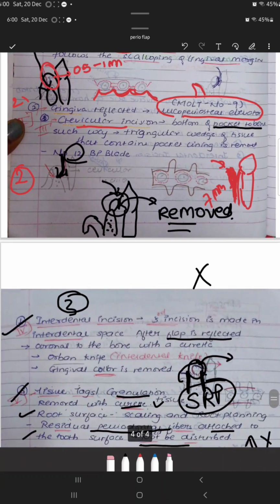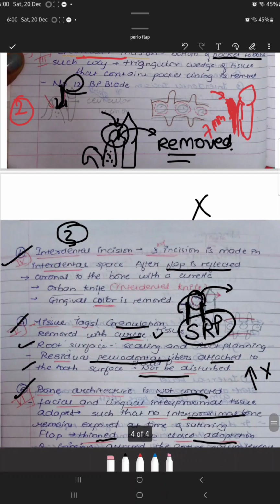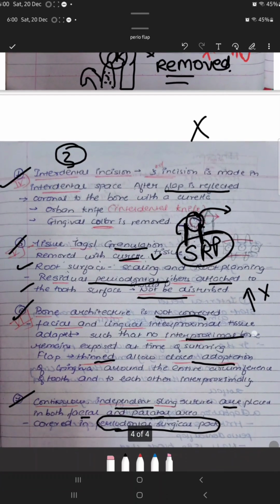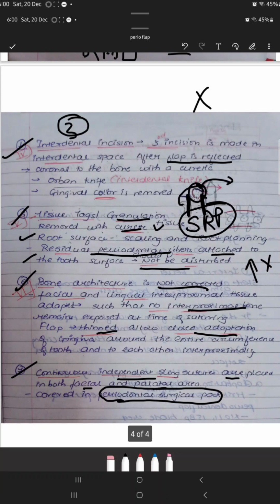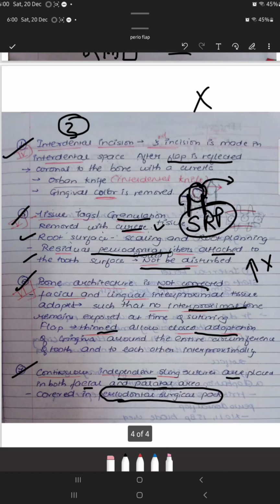The interdental incision is the fourth step. The fifth step is removal of granulation tissue, scaling and root planing. The sixth step is that the bone architecture is not corrected and the facial and lingual flap is adapted to the bone. And the seventh step is the continuous interdental sling suture.